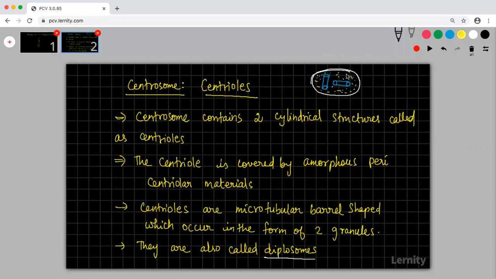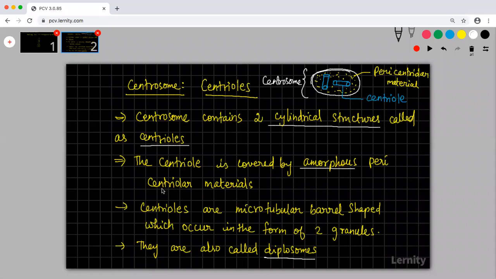This is what we call pericentriolar material. This is called centriole, and this entire thing is called centrosome. Centrosome contains two cylindrical structures called centrioles. The centriole is covered by amorphous pericentriolar materials.